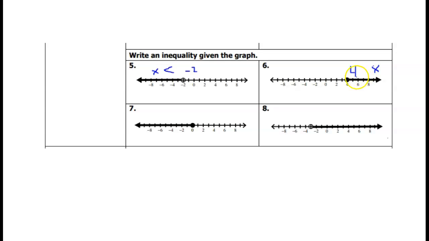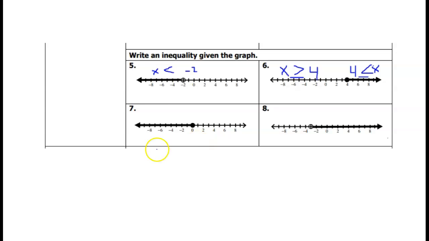It's greater than or equal to. If I want to write this with x in the front, I just flip my sign over. So x is greater than or equal to 4. Are we all on the same page?